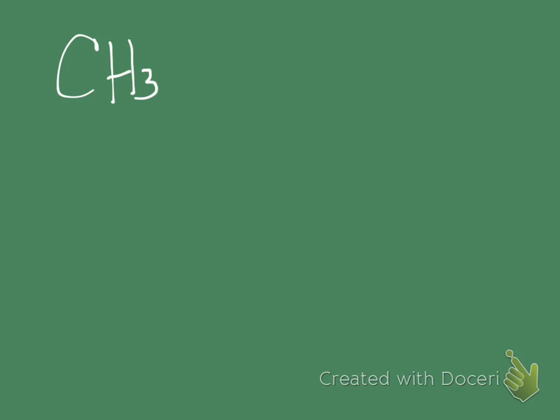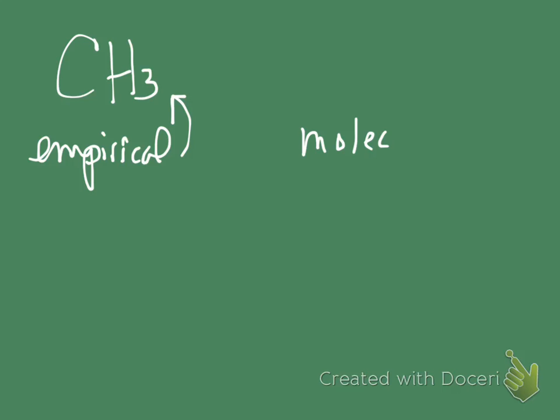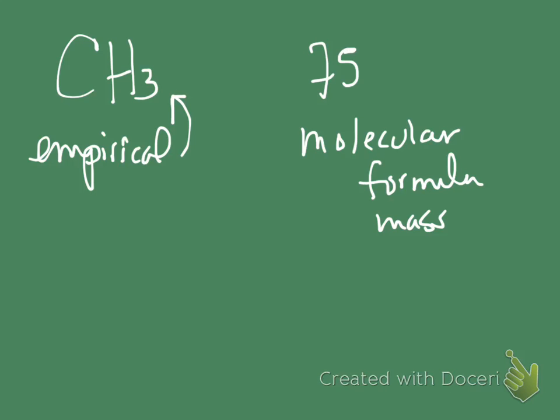So I have a compound that has an empirical formula CH3. It has a molecular formula mass of 75.2 grams per mole.